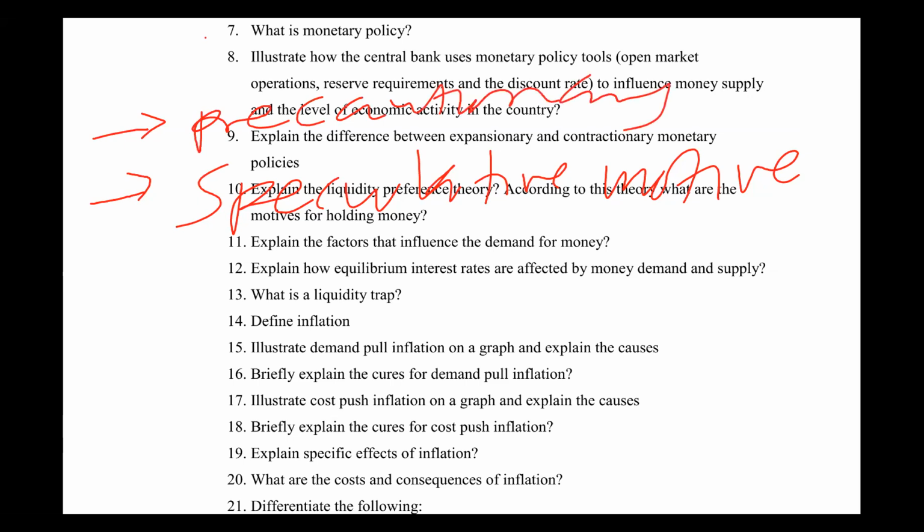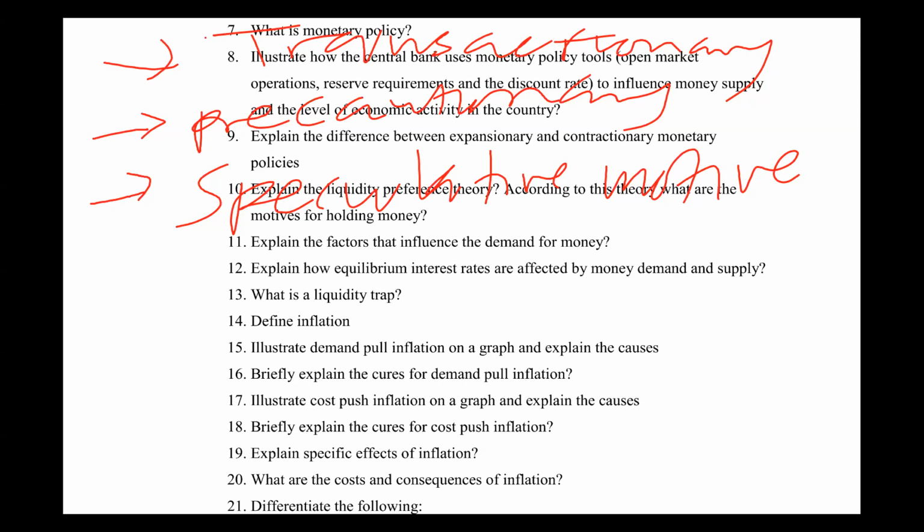And then the other one is the transaction motive. I'll explain what they mean one by one. Actually, these are the motives that influence people to hold money. Because of the following motives, people decide to hold money. So these are the reasons, the motives.